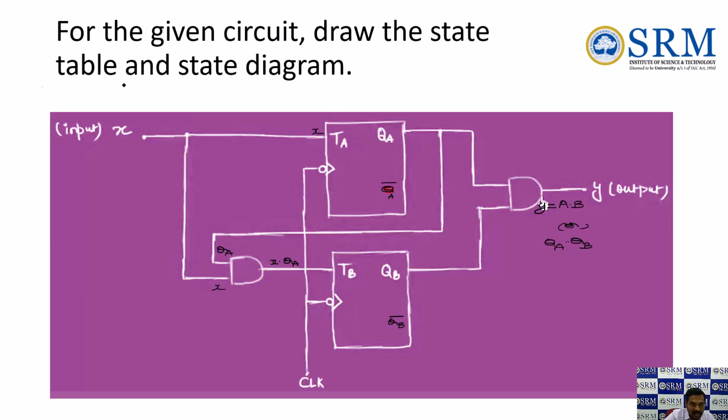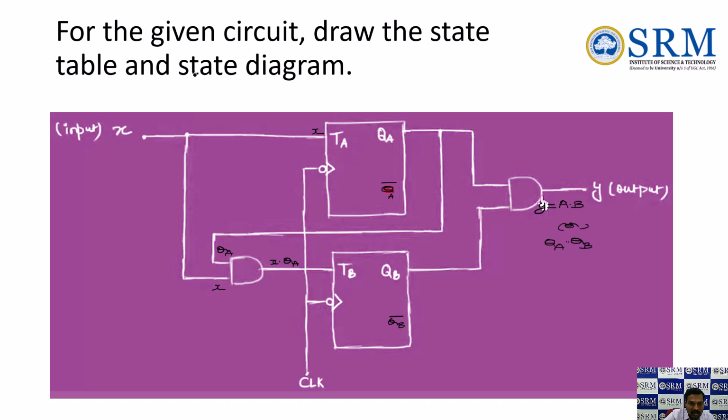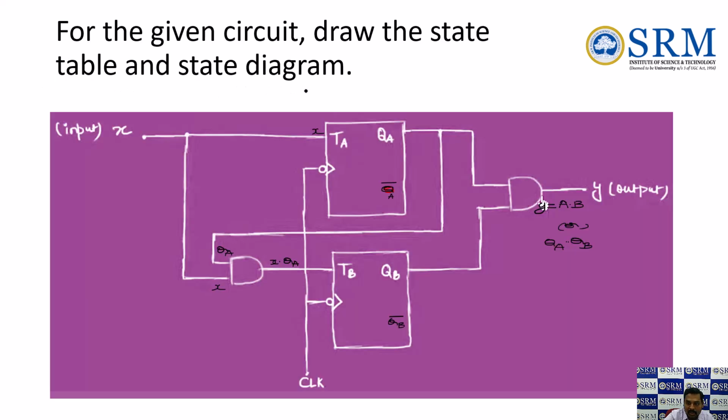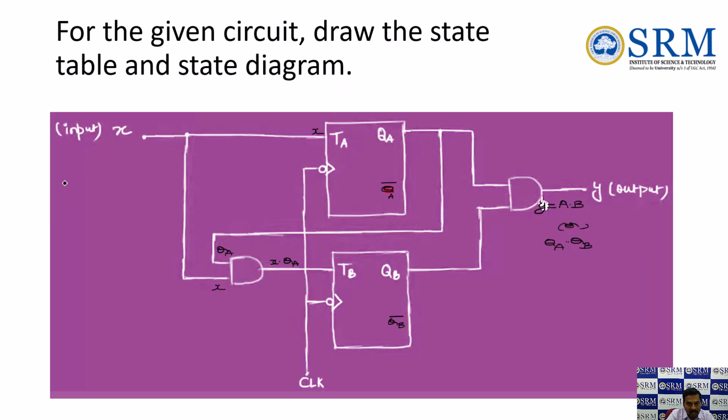From the given diagram, TA is equal to X. The second input, TB, is equal to X into QA. Then the output Y is equal to A dot B; I will use the same notation, QA into QB. So as the first step, we have written the given expressions, right?